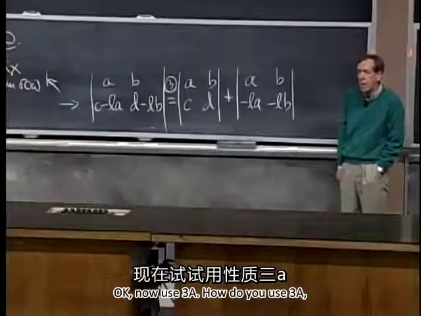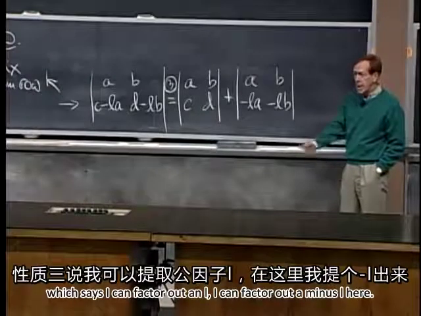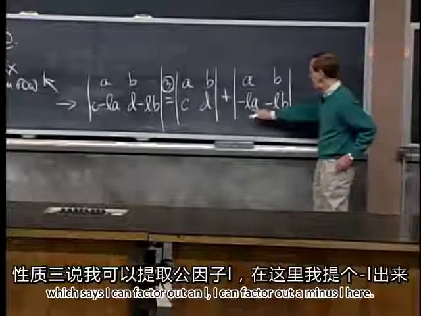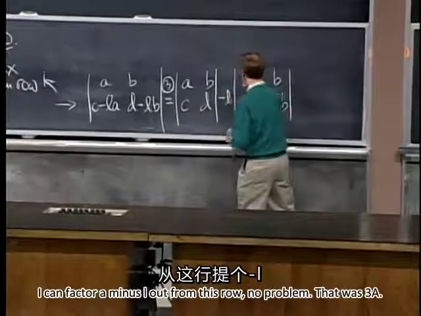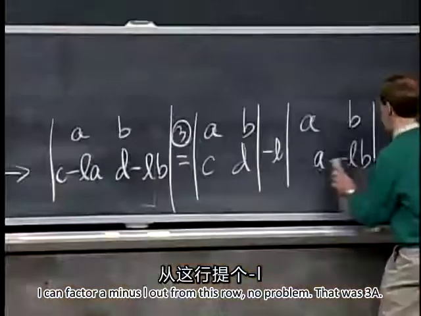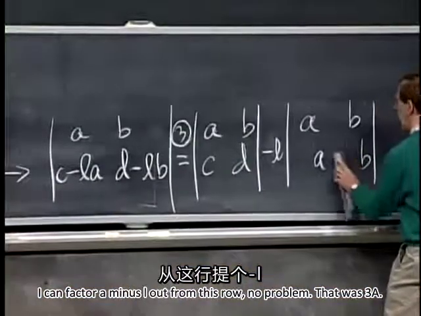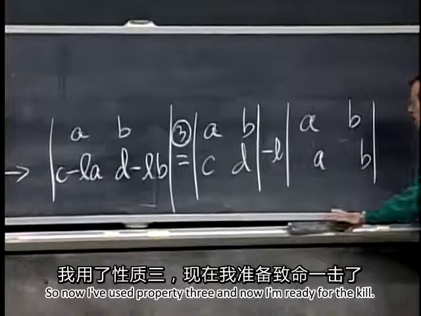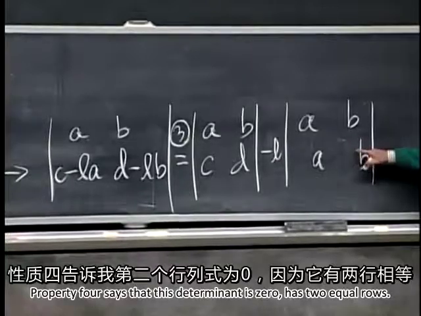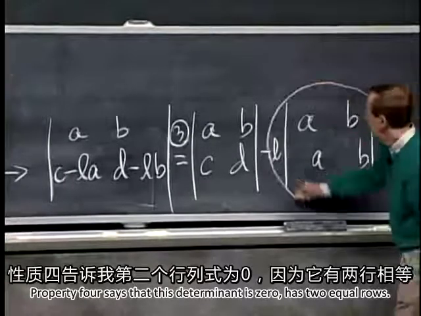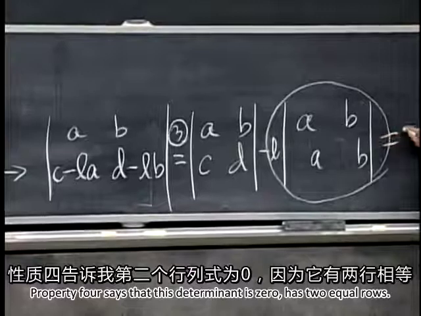Okay, now use 3A. How do you use 3A? Which says I can factor out an L. I can factor a minus L out from this row, no problem. That was 3A. So now I've used property 3, and now I'm ready for the kill. Property 4 says that this determinant is 0.